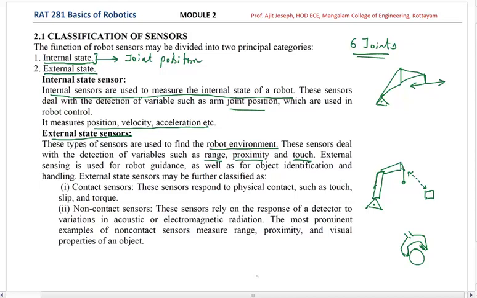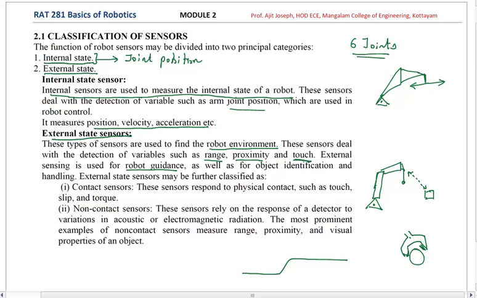That means if suppose we are talking about a line following robot, a robot will always follow a line. There are robots which follow lines, so it will always try to look for guidance from this, or it may be a GPS guided robot. Its GPS sensors will try to sense its GPS position. So GPS sensors also come under external state sensors.